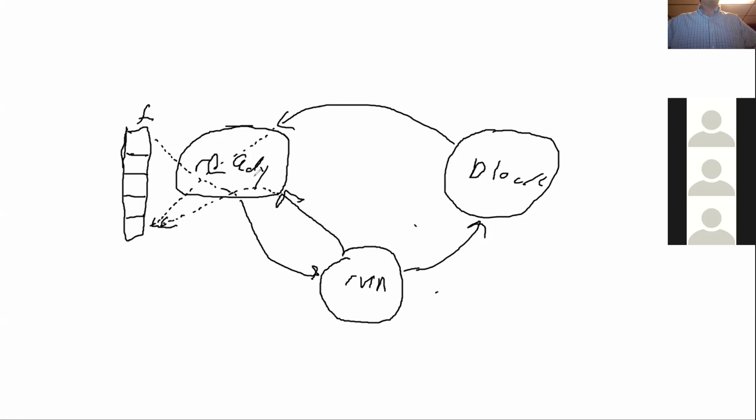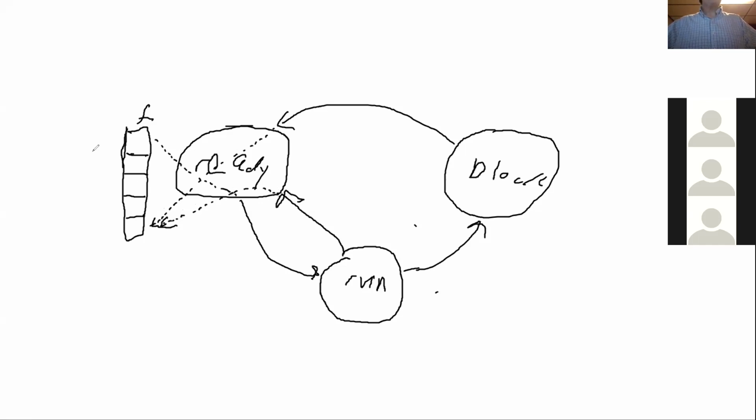It doesn't matter which way you enter, you go to the back of the queue, and then you wait till you get to the front, then you get to run again.